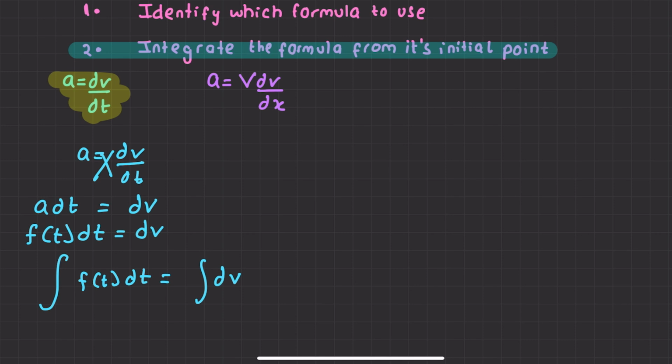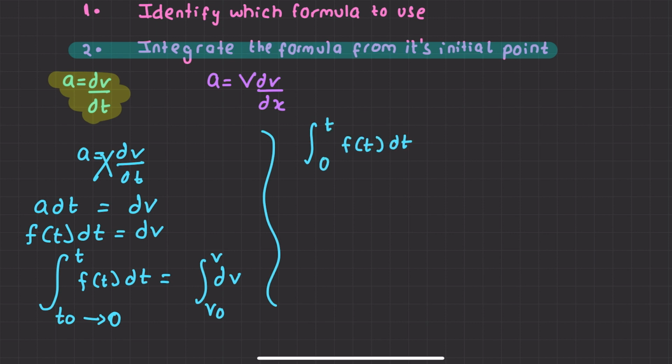And remember, we have to integrate from its initial points. So we're going to put t0, t, v0, and v. Now, because the initial time most times is going to be 0, like before you start anything, we're just going to write it as the integral from 0 to t of f(t) dt equals the integral from v0 to v.